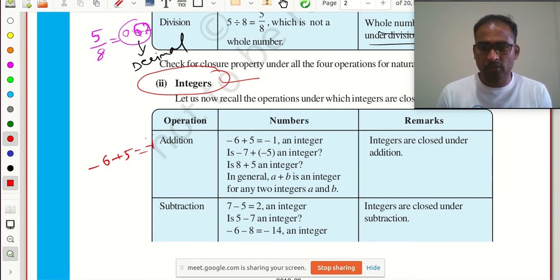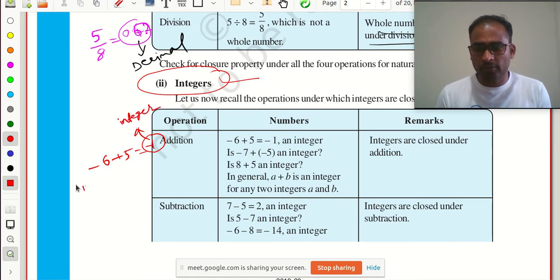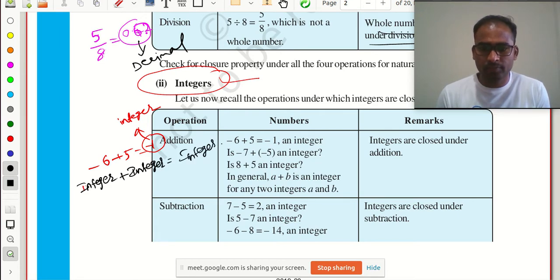The result is minus 1. So minus 1 is also an integer. So here what we can write is: integer plus integer is equal to, we will get an integer only. Then we can say these integers are closed under addition.